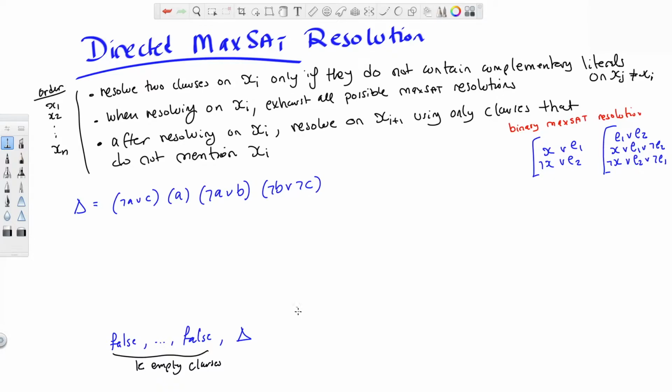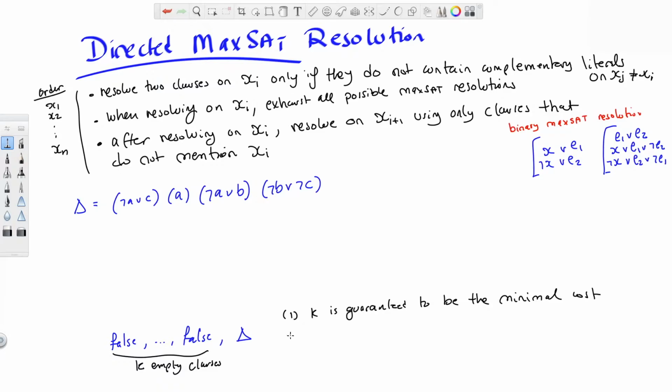Now, the guarantee you get is twofold, which is pretty interesting. The first one is basically k is guaranteed to be the minimal cost of any world or any variable assignment. So you cannot do better than this. That means no truth assignment will have a cost less than k. It will be either k or more.